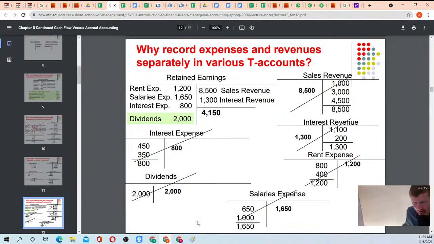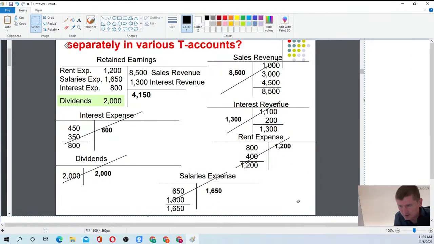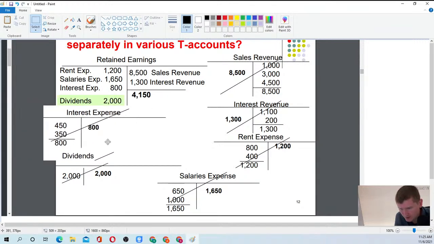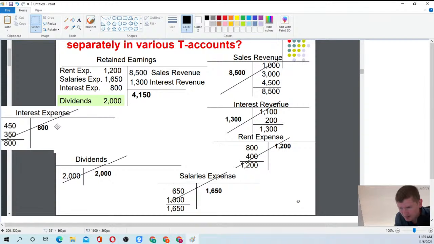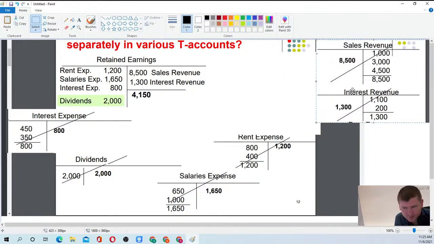Let me do a quick exercise here. Print screen, and okay, that might not look nice. So basically I will move expenses. Oops, what is that? Oh, dividends. I do not want to touch dividends. Okay, so I will move expenses to the left and I will move revenues to the right here, and I will move retained earnings to the middle.